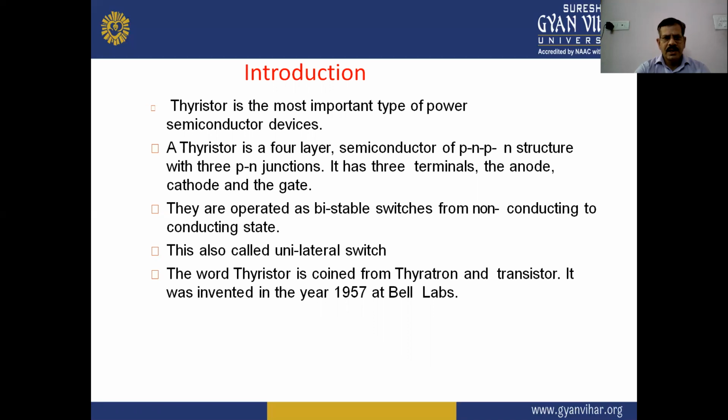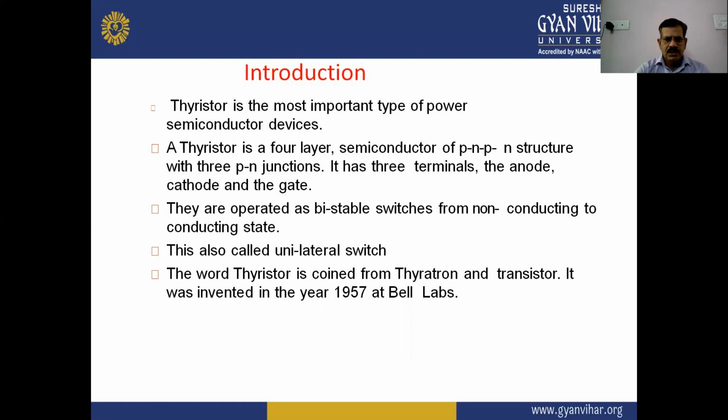They are operated as bistable switches from non-conducting to conducting state. So this is the property of a bistable device, in which there are two states, one is stable and second is non-stable.